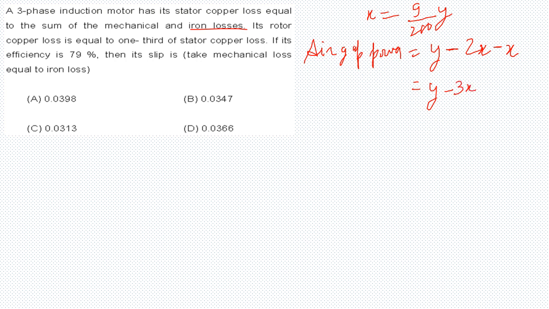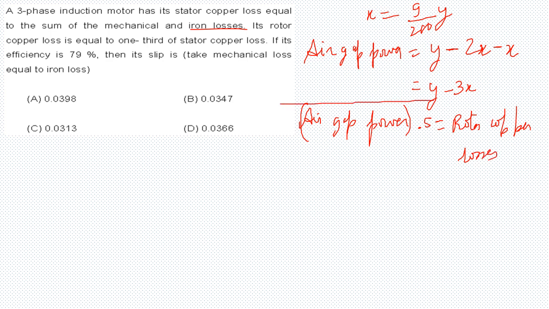Now from here, you know that slip times air gap power is equal to the rotor copper losses. This is a very useful formula. You can remember it and use it elsewhere also.